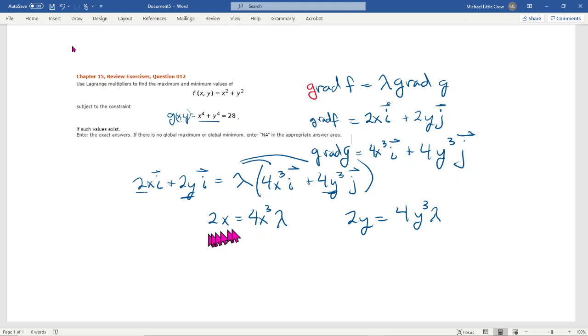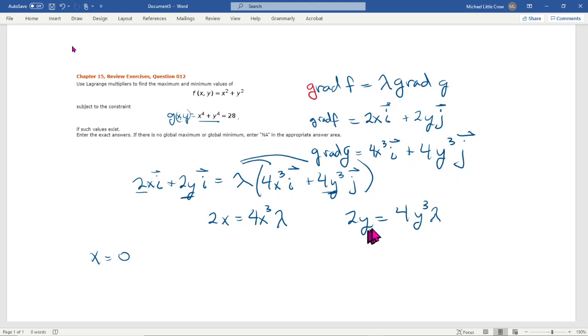So first of all, we know the only way that 2x could be equal to 4x to the third without lambda is, well, certainly if x is 0, 0 equals 0. So x equals 0 is a solution, and for the same reason y equals 0 is a solution here.